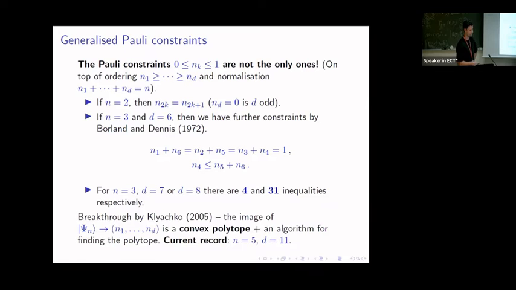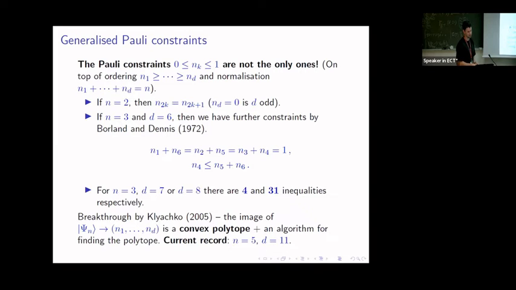So this was an open problem for a long time until the breakthrough by the mathematician Klyachko, who identified this map as a momentum map, which you have already seen today, and it gave him a reason why these are all inequalities, and they cut out some convex polytope, and there is even an algorithm for finding this polytope.